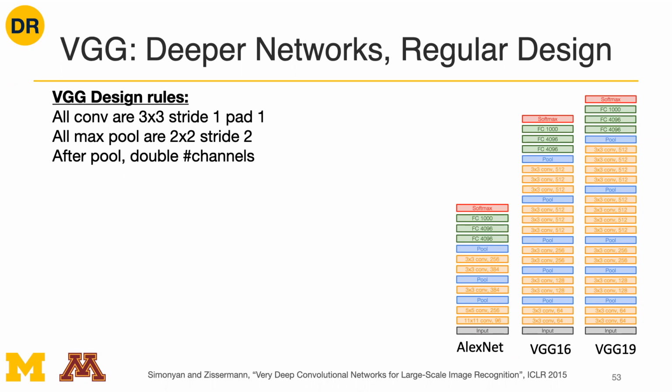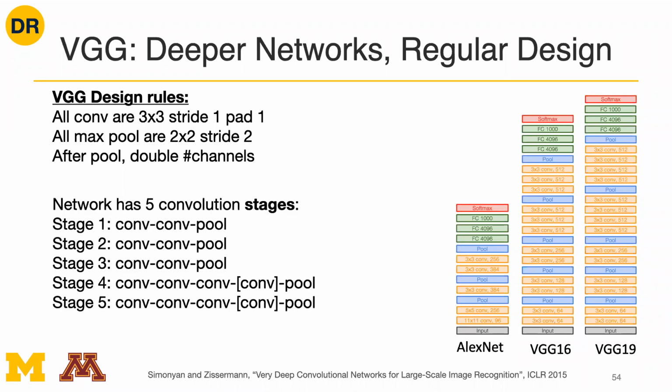Okay, so what are these design rules? They are basically twofold. One is that all the convolution layers should have a 3x3 size with stride 1 and padding 1. And they talk about why this is better than having, let's say, 5x5. Mostly, the architecture has 5 stages.